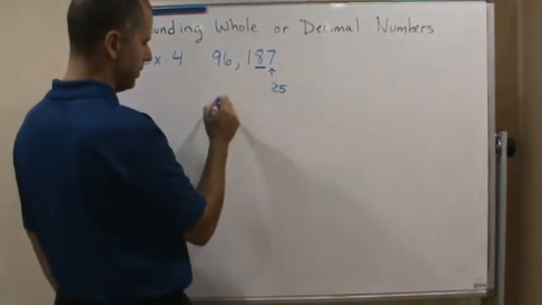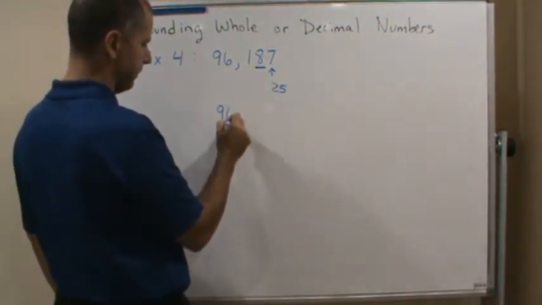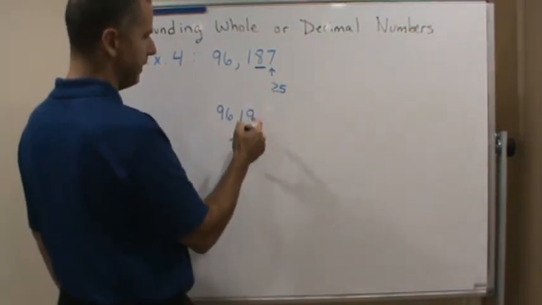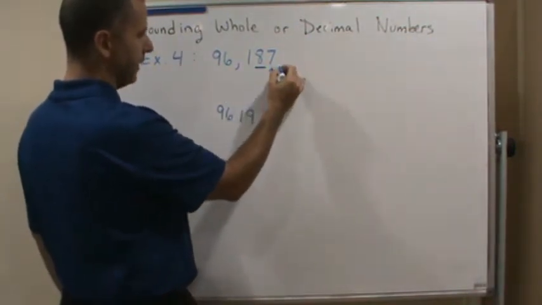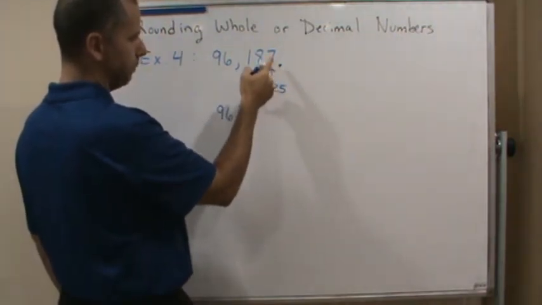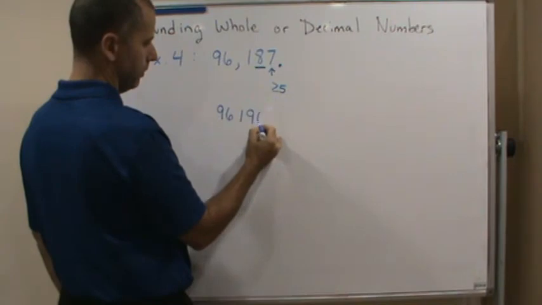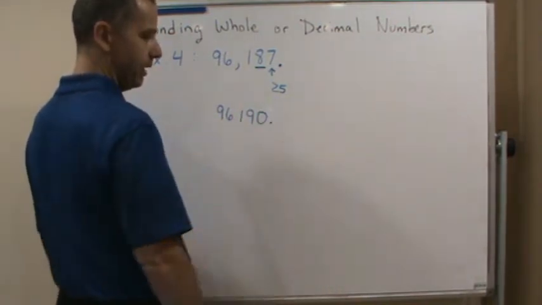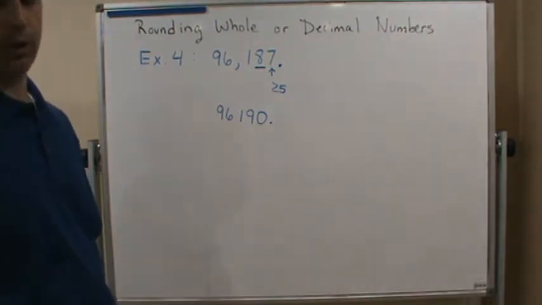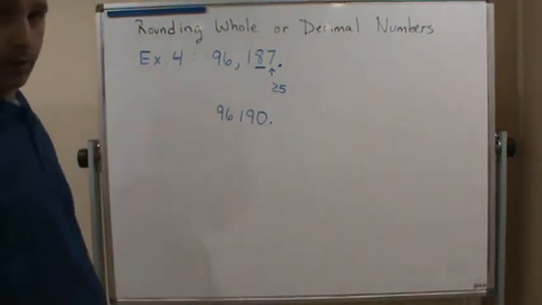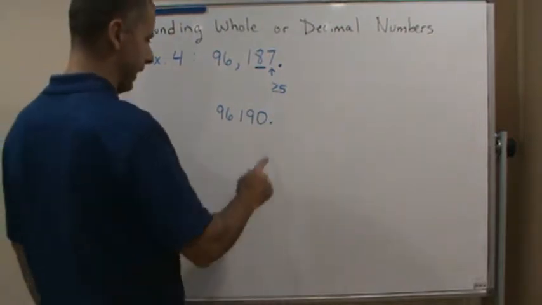All the other digits stay the same. 8 is going to become 9, and everything between the rounding place and the decimal becomes 0. Everything to the right of the decimal just gets dropped, but there's nothing there to begin with, so we don't have to worry about that.